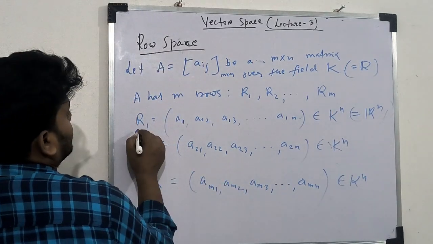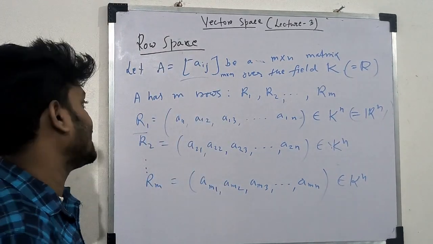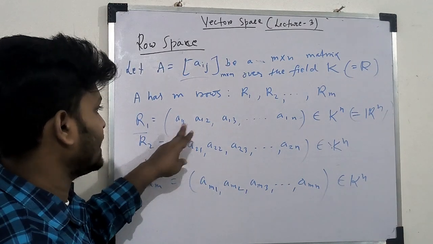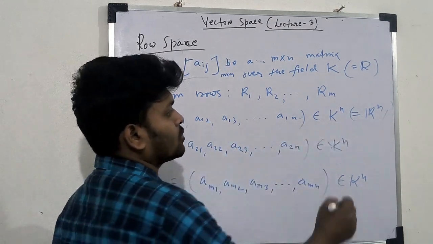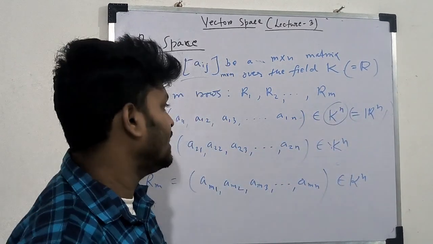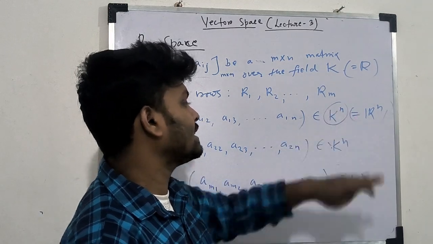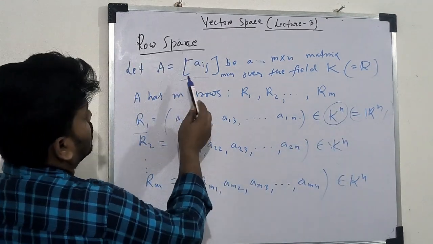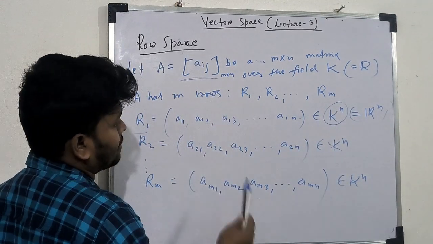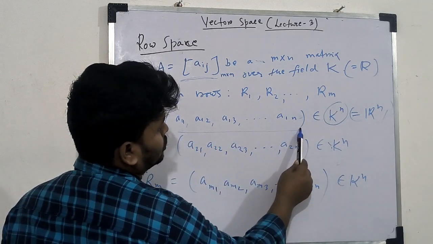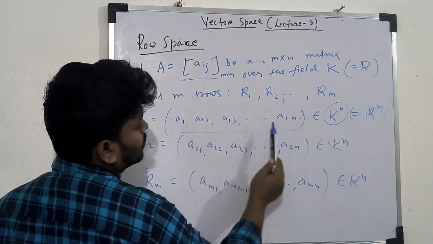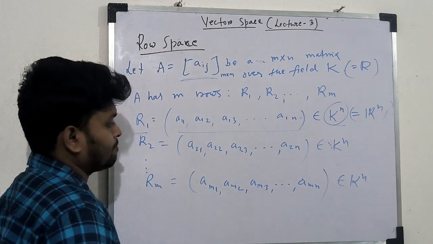So each row of this matrix A can be viewed as a vector of the vector space Kn. If K is a field, then we know Kn is a vector space. So each row of this matrix can be viewed as a vector, as this is an n-tuple, so it is a vector in Kn. Okay.